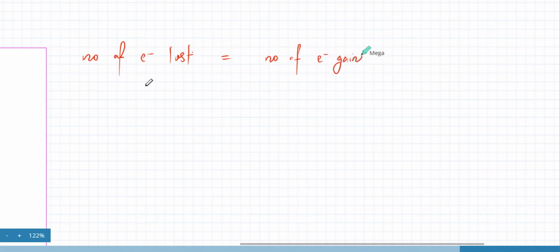If one substance is losing 5 electrons, the other substance has to gain those 5 electrons, because otherwise, where would the extra electrons go? All redox equations need to be balanced: the electrons lost and gained have to be balanced.